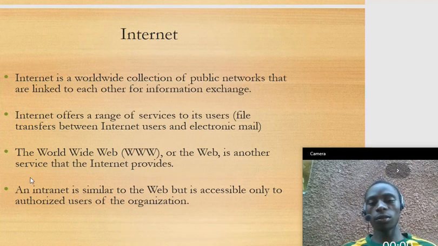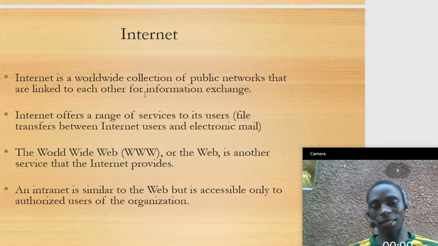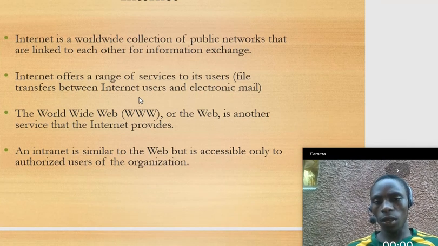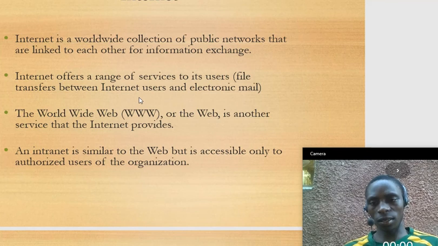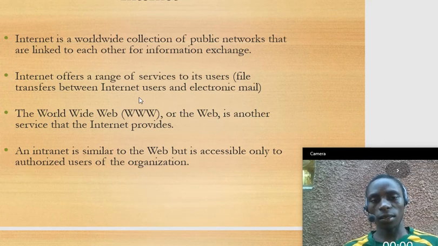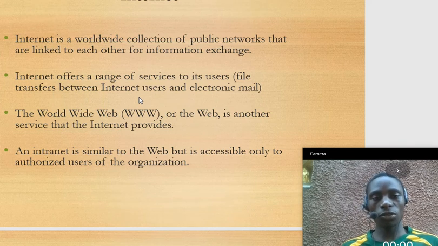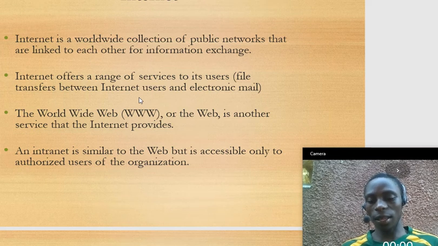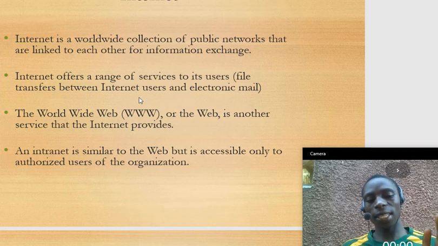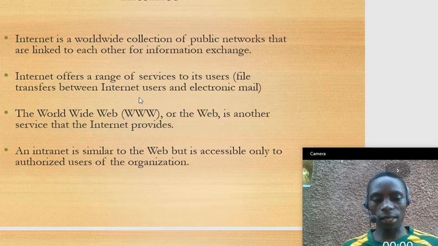I talked about different offers by the internet. So here, to be expressive, I want to talk about files or file transfers between internet users and electronic mails. So we can share files. Sharing files is another example of a service that is provided by the internet, alongside the other services that we talked about in other slides, in other presentations.